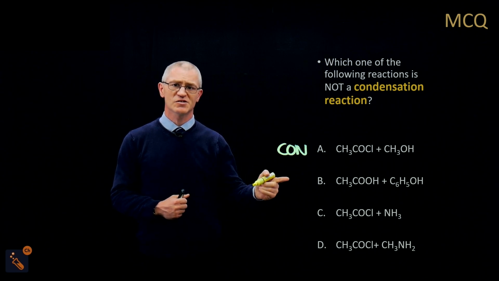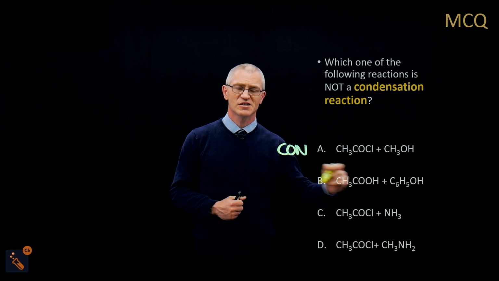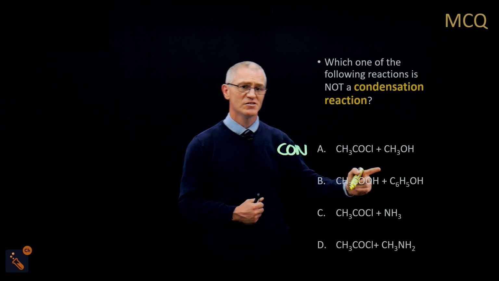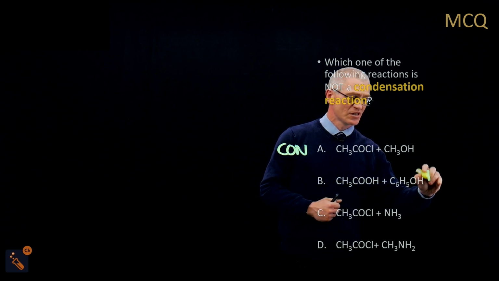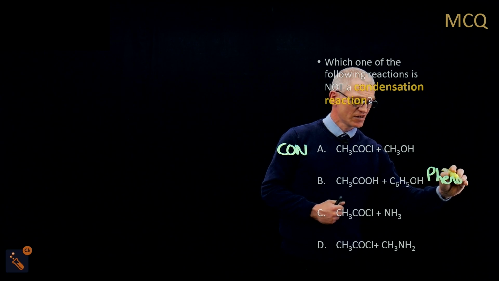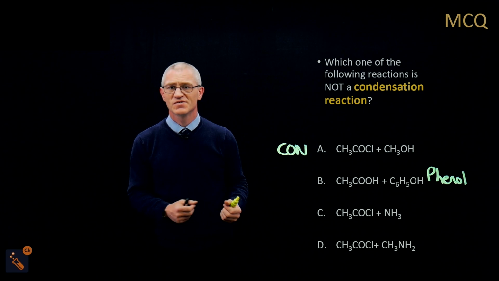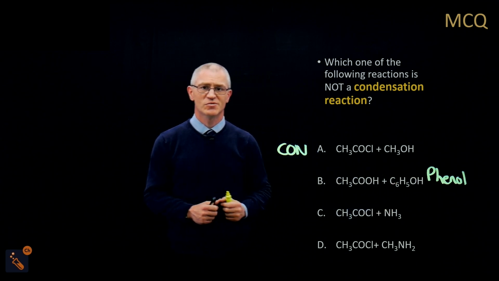We then go to the next one, which is a carboxylic acid plus C6H5OH. Now you have to recognise the C6H5OH, okay? If you see that anywhere, it's going to be phenol, okay? It's their shortened way of putting phenol in, and it's to confuse you. You see the C6H5OH, it's phenol. So this is phenol plus a carboxylic acid.